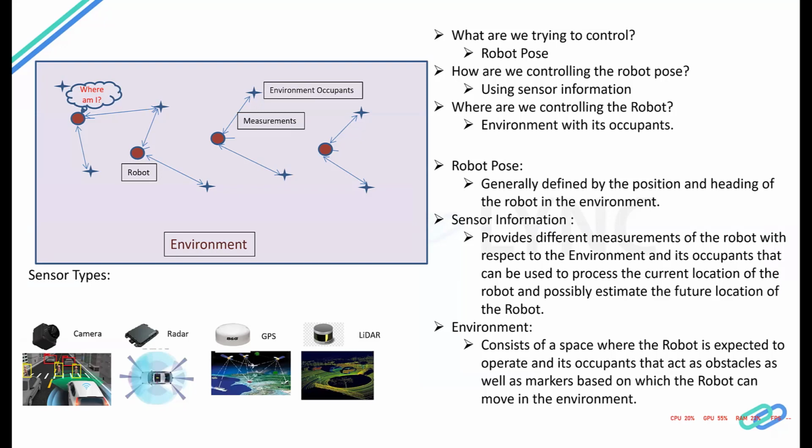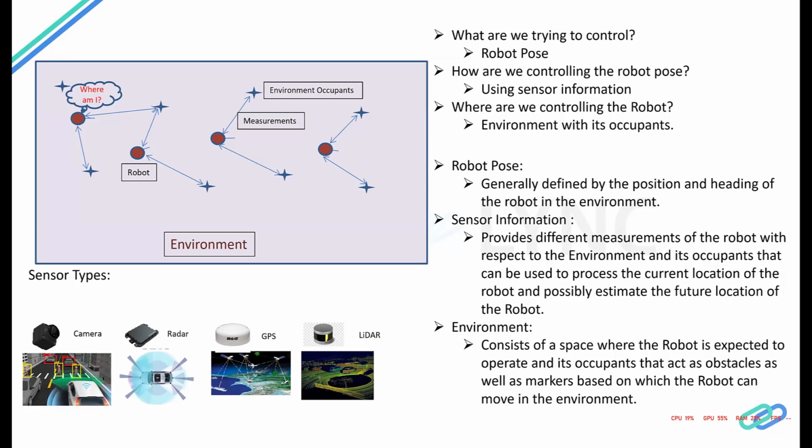You have different other cars on the road along with you. That is one of the environment occupants. And you have the traffic lights that a car is trying to read. That is an environment occupant. So all of these different components that are comprised within the environment are termed environment occupants.